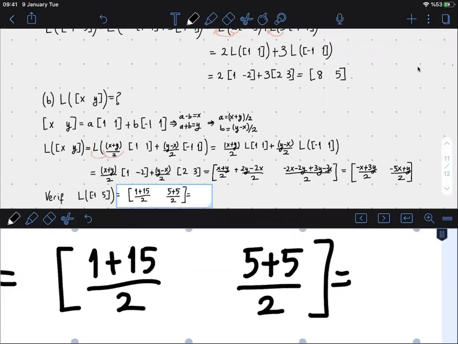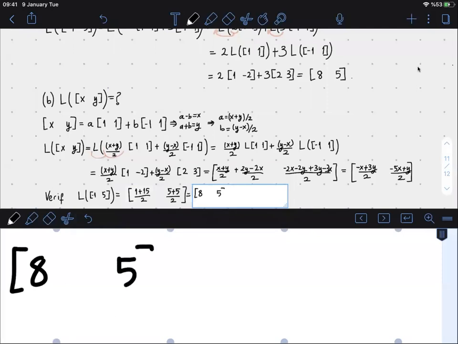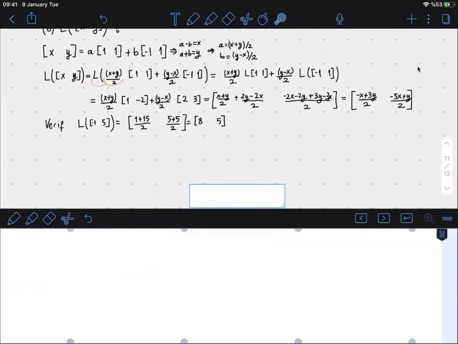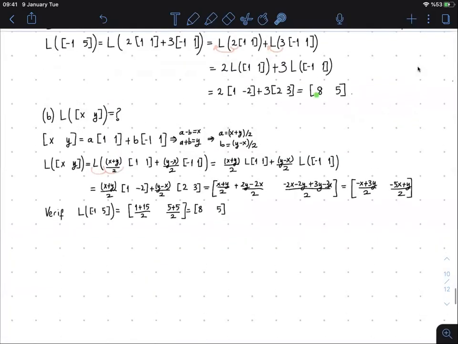So this is (8, 5), just like what we found here, right? So it cannot be a coincidence. I think the answer is correct. Any questions here about this example?